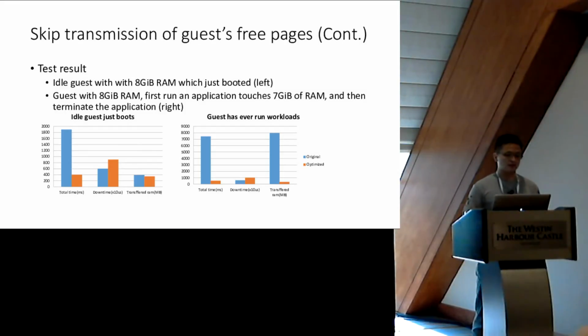The second case is that the guest also has 8 GB memory, but we first run an application which writes most of the RAM, and then terminate this application. In this case, lots of the memory is dirty, but most of the memory is free. We can see from the result that the time of live migration can be reduced a lot.